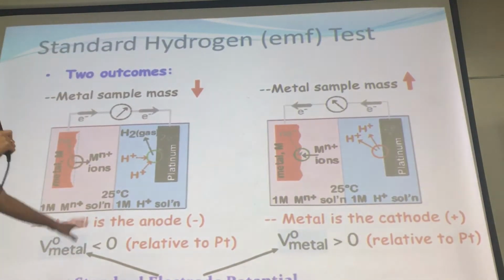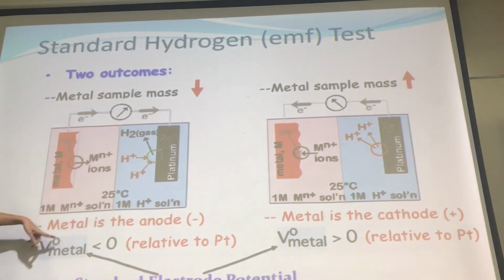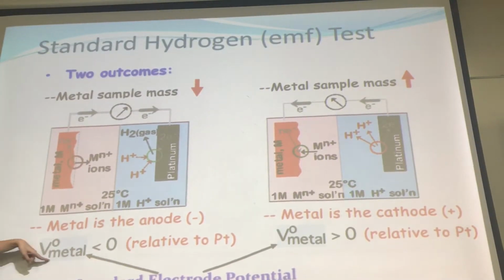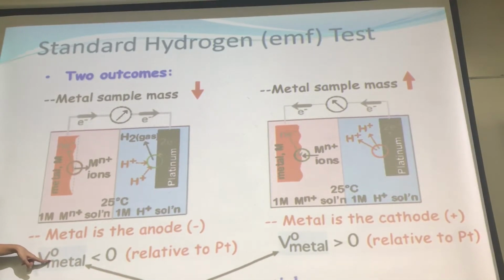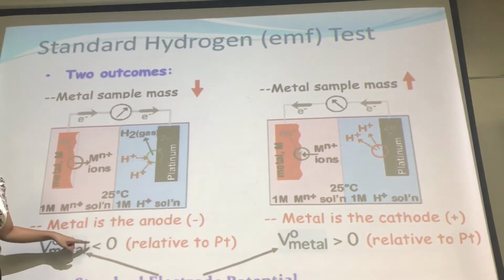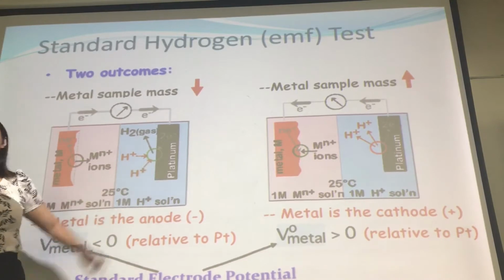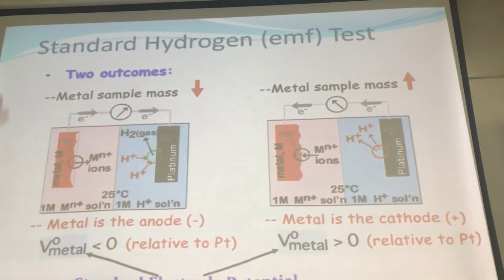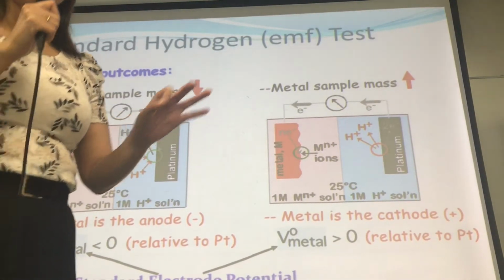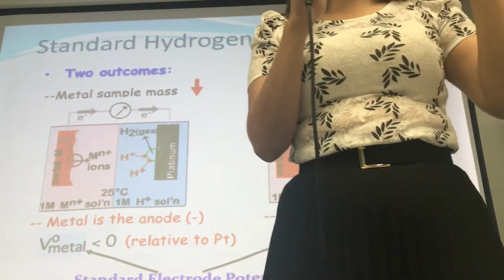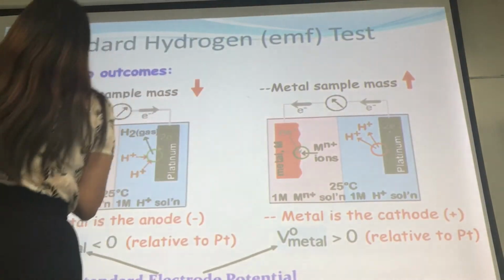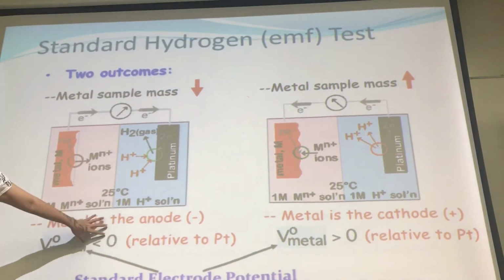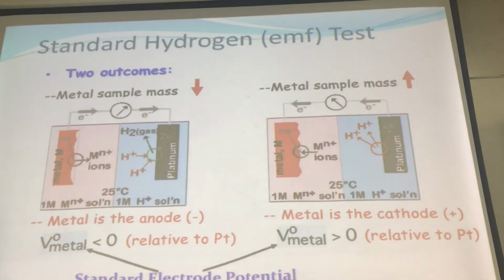Anode. That means its voltage will be low when compared to platinum. And platinum we think of as 0. So when we have lower than 0, that means it has a negative value.